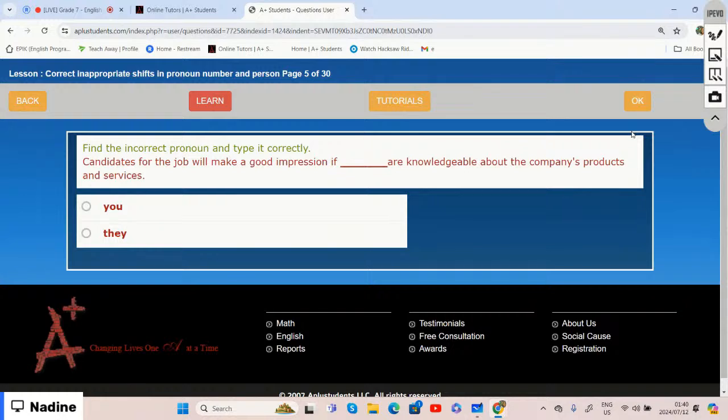Or do we say if they are knowledgeable about the company's products and services? So we need to choose, do we say if you, or do we say if they? We are referring to candidates, which is more than one.